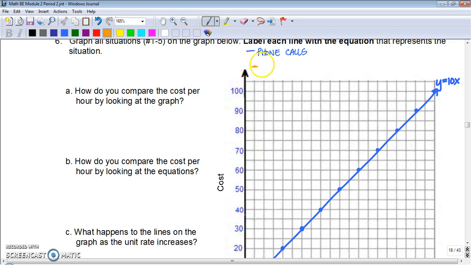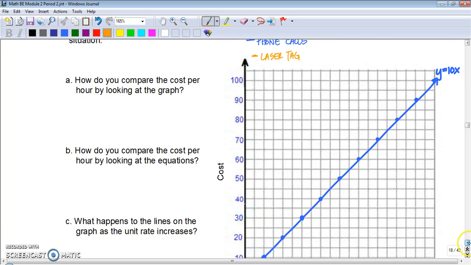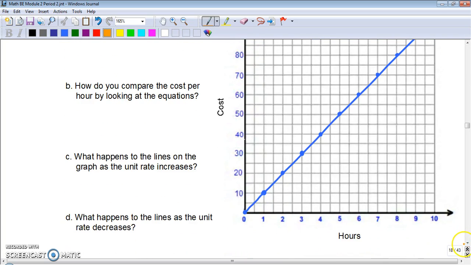was laser tag. And if you're looking at your laser tag table, laser tag went up not quite as steep as the phone call one. And I'm not necessarily going to graph every part of that table. So laser tag went through 0, 0.